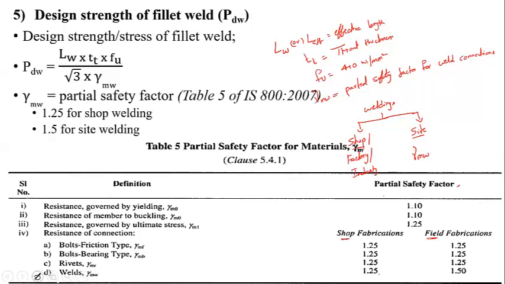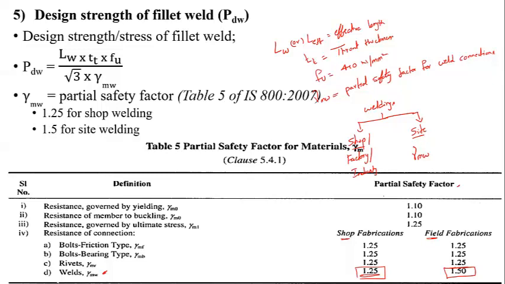For shop, it is taken as 1.25, and for the site or field, it is taken as 1.5. So this is how you can calculate the design strength of fillet welds. PDW equals LW into TT into FU by √3 times gamma MW. Okay, so I guess it is clear regarding the specifications of fillet welds. Let's look at the other one.